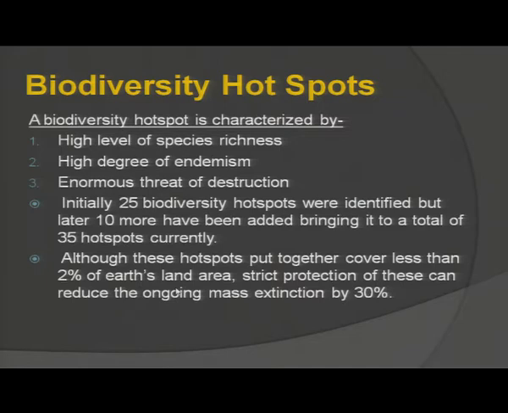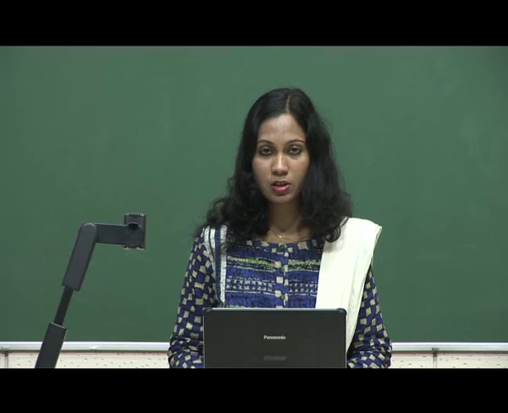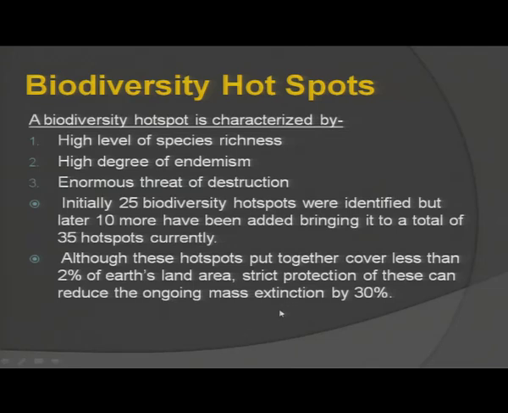But if we strictly protect these areas, it can reduce the ongoing mass extinction of species by about 30%, which is a great figure indeed. Since these hotspots are so rich in species, and that too endemic species, if we are able to conserve them, we can reduce the ongoing mass extinction by 30%.